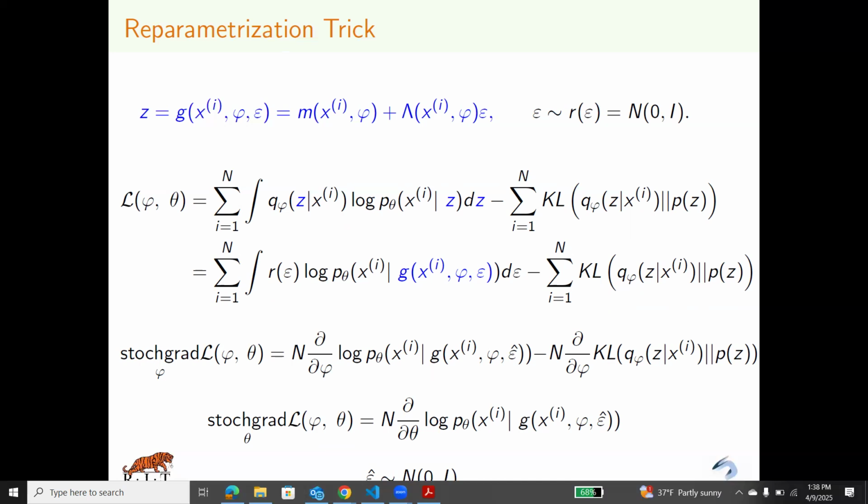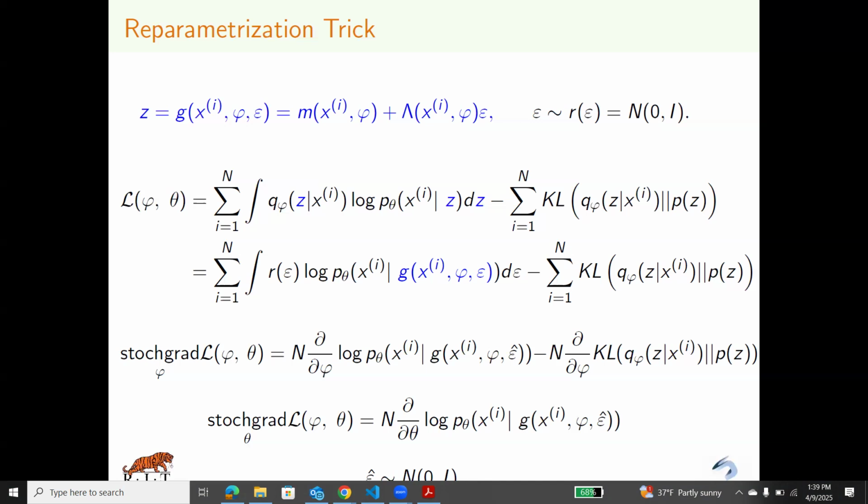Here I'm using epsilon, which has a standard normal distribution. If you calculate the mean of this sum, the mean of epsilon is 0, so you will get the mean m. If you calculate the covariance matrix, the covariance of epsilon is the identity matrix, and you will get lambda. So this is just the representation of an arbitrary Gaussian variable through the standard Gaussian variable.